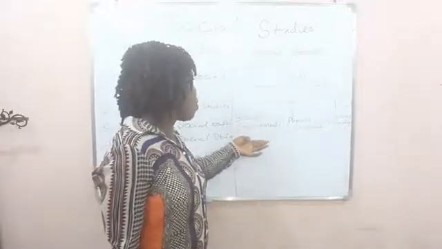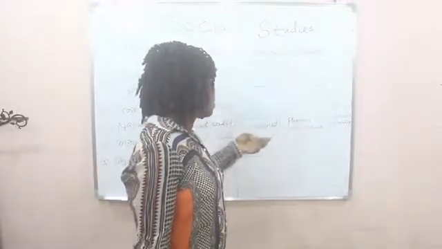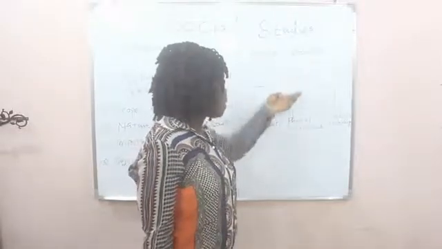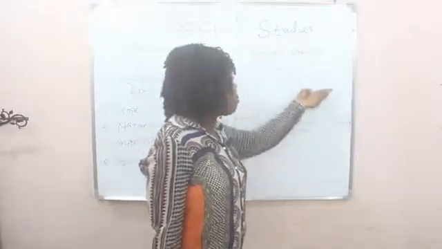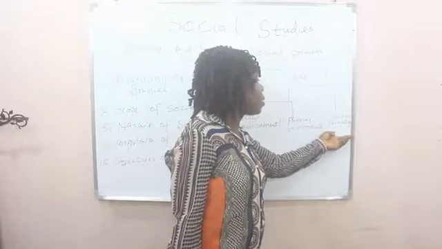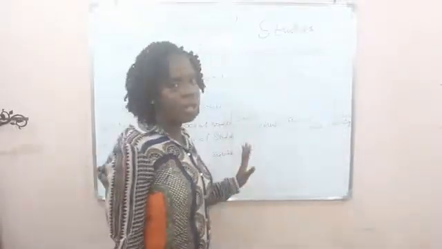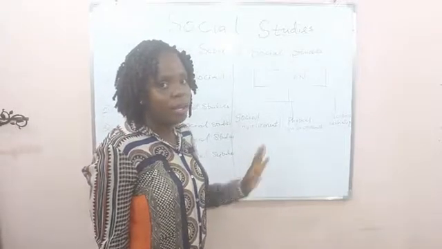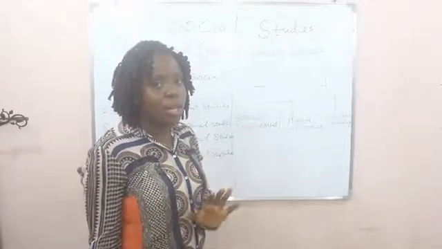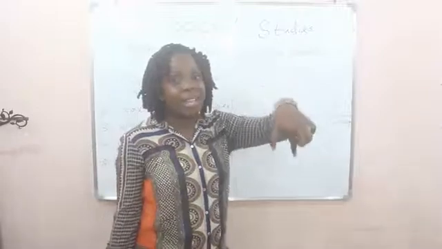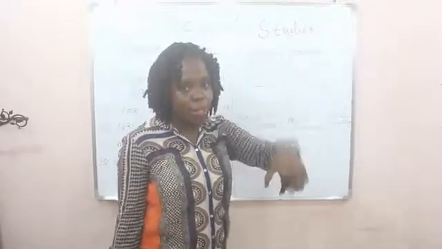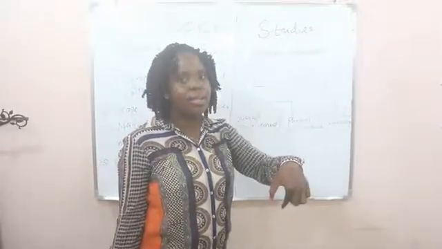That means we are going to cover man and his social environment, man and his physical environment, and man and his science and technological advancement. These are what we are going to cover in social studies. But don't forget that social studies is centered on man, humans, as it is.